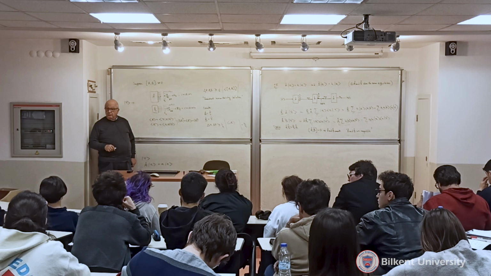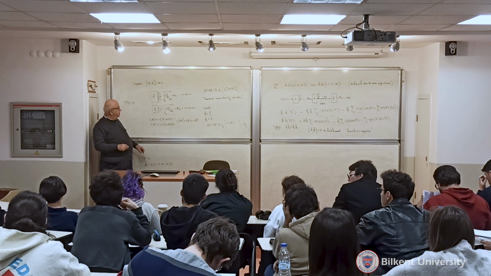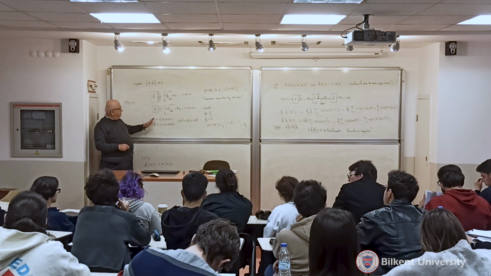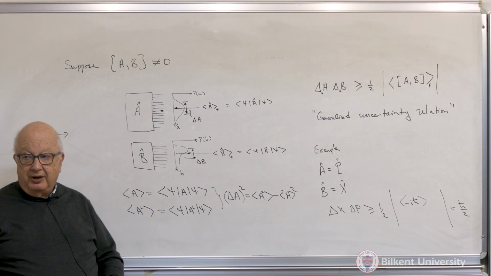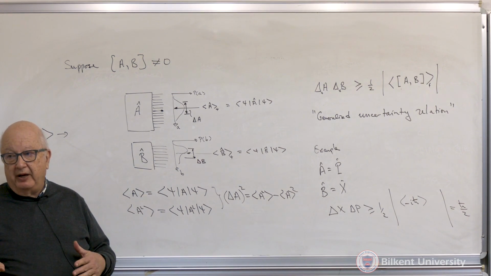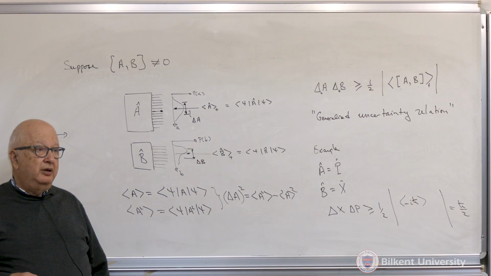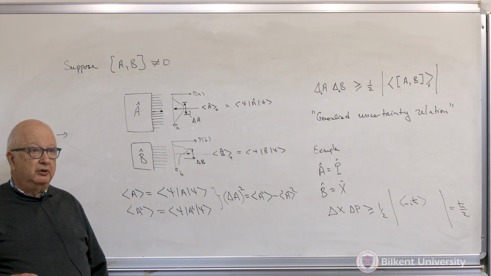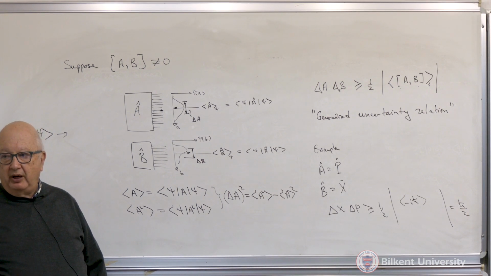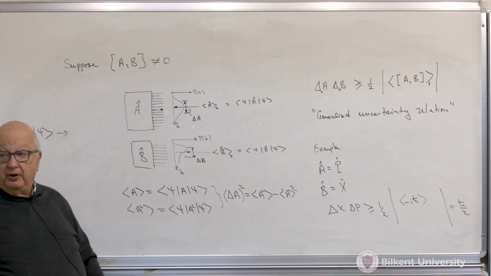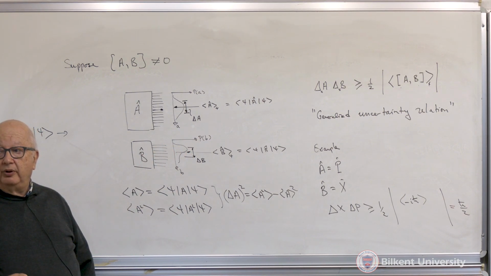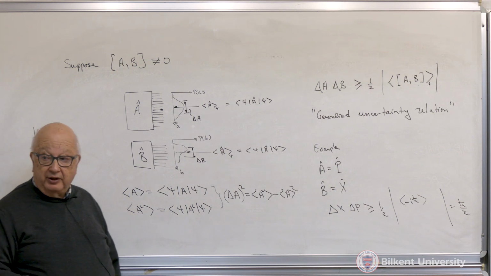I don't know if I understand the question, but the operators are either compatible or incompatible. What happens if there's just accidentally one eigenvector common to both? That probably would not happen because that would be against this theorem, since you would get zero uncertainty even though they are incompatible.